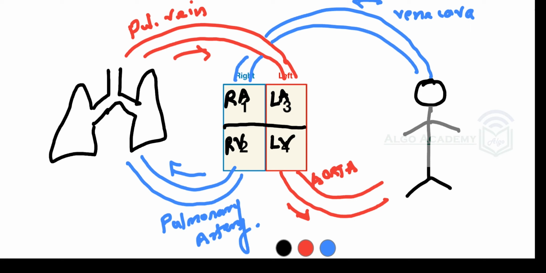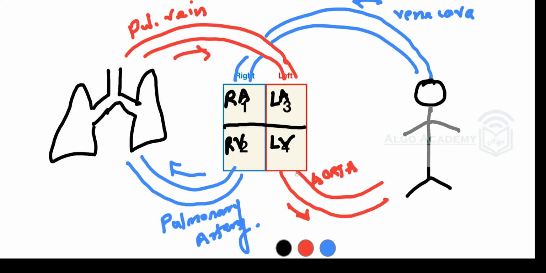Before this, you need to know the difference between oxygenated and deoxygenated blood. Oxygenated blood, or pure blood, contains more oxygen, and deoxygenated blood, or impure blood, contains more carbon dioxide. Now the difference between artery and vein: arteries carry blood away from the heart and veins carry blood towards the heart.